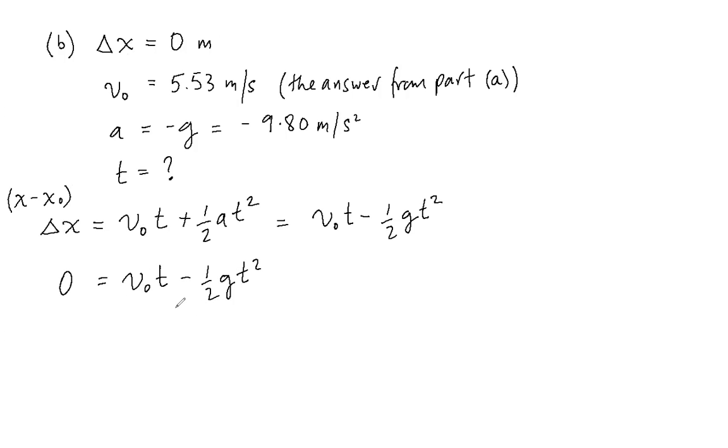This kind of looks like a quadratic, but this is the type of quadratic that you don't really have to use the quadratic formula on. You can just factor it. So we're going to try and factor this. We will factor the t out of each of these terms. This is just a little bit of algebra. We factor the t out of this term, so we just have the v0 inside, and then over here we have minus 1/2 gt.